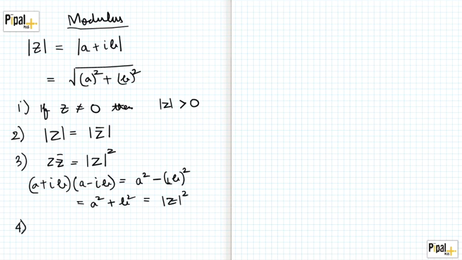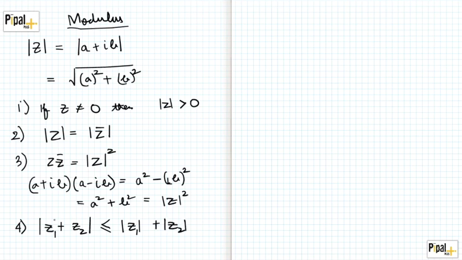Now the next property is that if you have two complex numbers, z1 and z2, and you add them and take the modulus of their sum, this is going to be less than or equal to their individual moduli added.